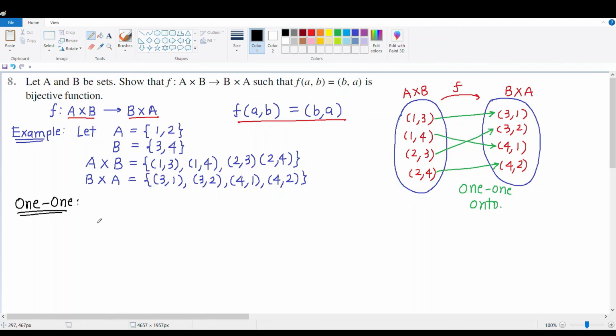Now to prove 1-1, let (A1, B1) and (A2, B2) belong to this A cross B. Okay, because we have to generalize that element. Why? Because we are trying to prove that both functions are 1-1 and onto.